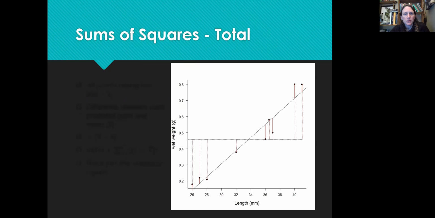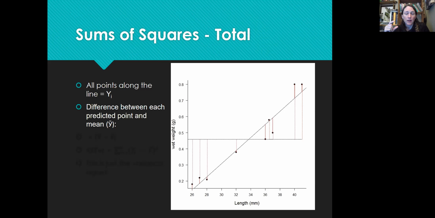So the first thing that we're going to talk about is how much variation there is in the data set. Just like we talked about variation in a data set before, we're basically going to take each point in our data set and call it y sub i. And we're going to take the deviation between the point and the mean y bar.